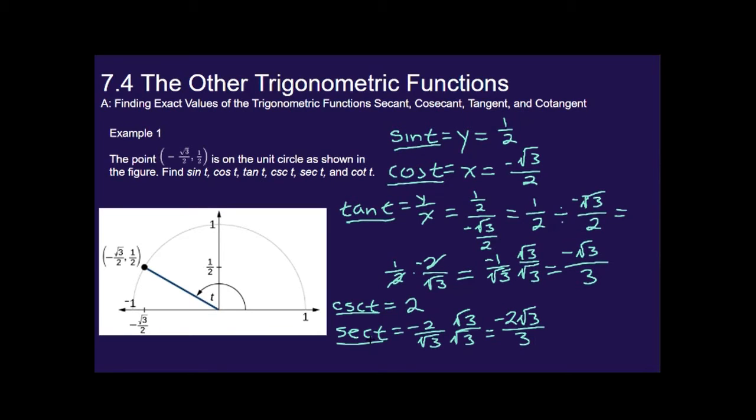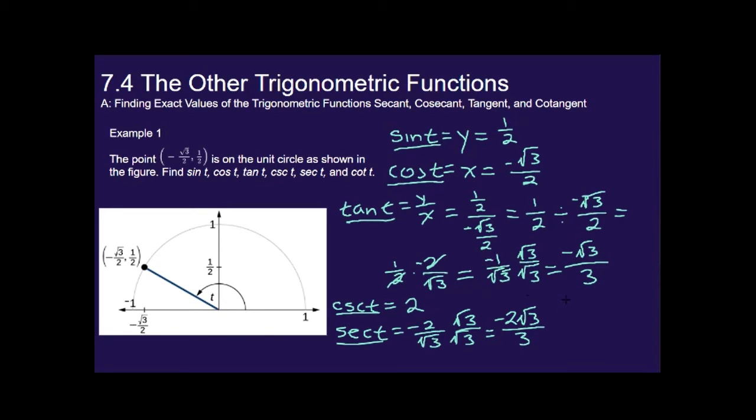And then I need to do the cotangent. And so I'm going to take the reciprocal of the tangent. Okay. Now if I take the reciprocal here, I'm going to end up with a radical on the bottom, and I'm going to have to rationalize the denominator again. So what I can do is go back before I rationalized the denominator of the tangent, and take the reciprocal of this. Okay, so the tangent is equal to -1 over the square root of 3.